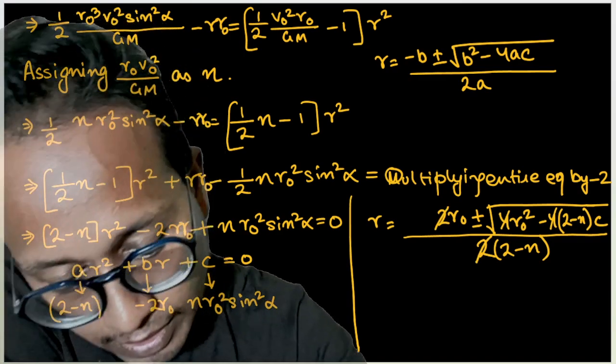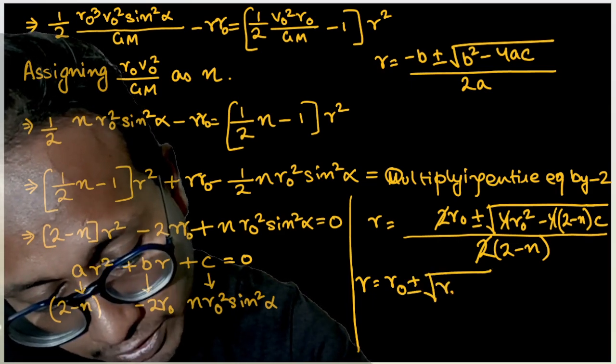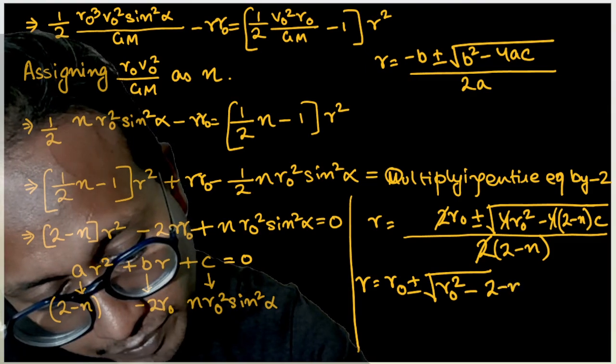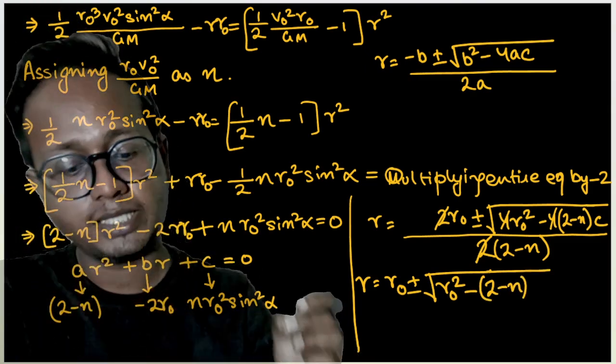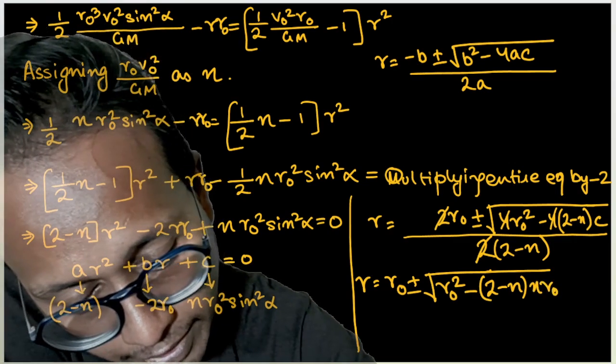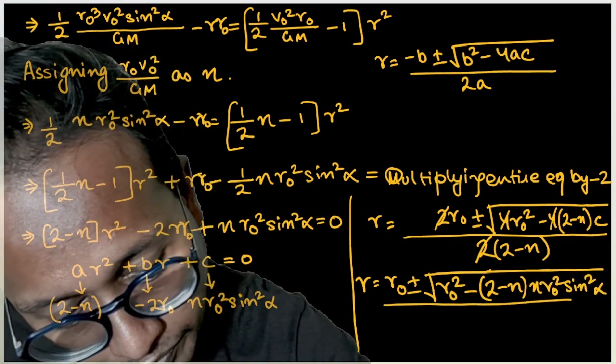Understood this much? Now r is nothing but r naught plus or minus the square root of r square minus 2 minus n into c. The value of c is nothing but n into r naught square into sine square alpha, by 2 minus n.